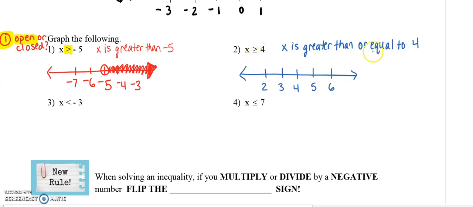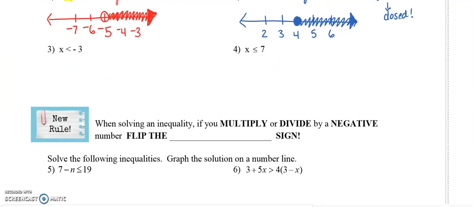Now since it's equal to, that means closed circle. So I'm going to put a closed circle at 4. And once again, greater than or equal to. Greater than we shade to the right because that's where our bigger numbers are. So shade to the right, draw my arrow, and there we have it. So any number that's part of the shaded region should be answers. Right? Like 5 is in the shaded region, and 5 is greater than or equal to 4. So that makes sense.